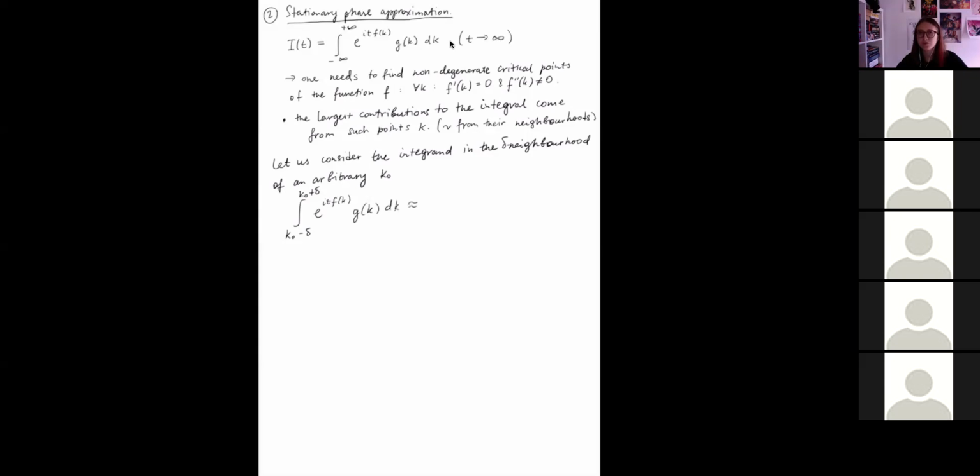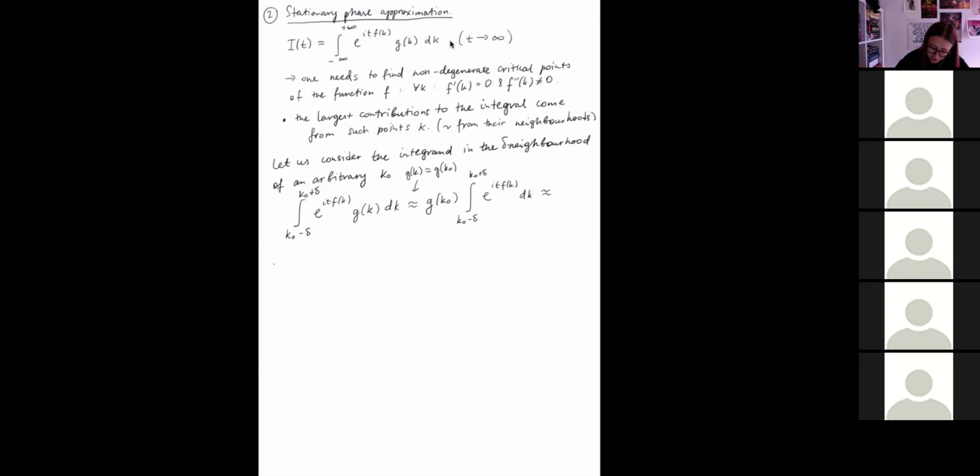Because we can choose the neighborhood arbitrarily small, we can just assume that in this neighborhood the function g of k is approximately g of k0.